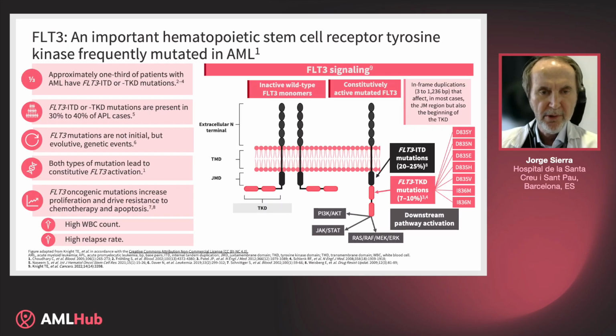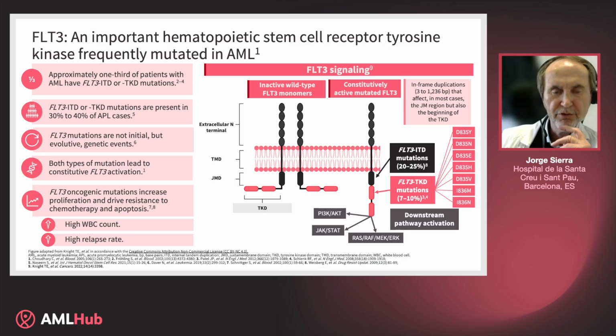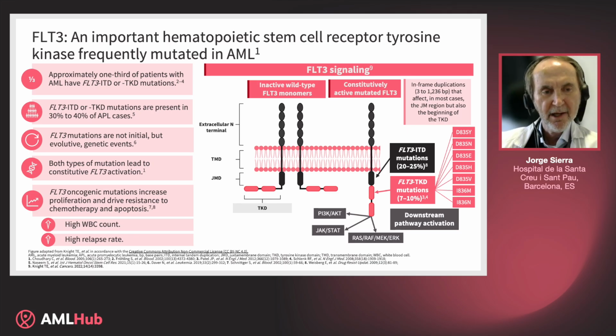As you all know, approximately 1/3 of patients with AML have FLT3 ITD or TKD mutations, and also patients with acute promyelocytic leukemia have these types of mutations in 30 to 40% of cases. It is already known that these mutations are not initial events, but evolutive genetic abnormalities.